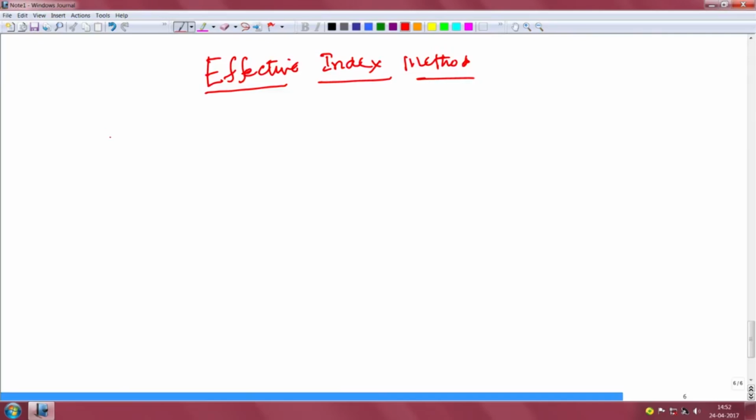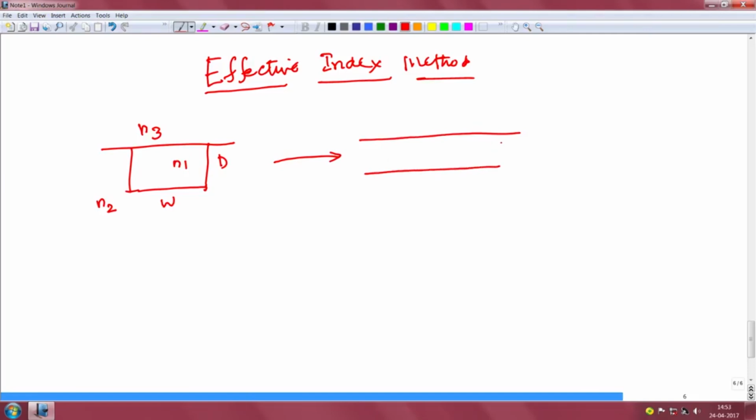I will take a typical example rather than the generic example, the cross section of a buried channel waveguide with width W and depth D, refractive index N1 in the core region, and refractive index N2 in the substrate region. It can be devised in two parts. In the first part, we consider a horizontal slab of depth D and refractive index N1, and refractive index N2 for the substrate and for the cladding.